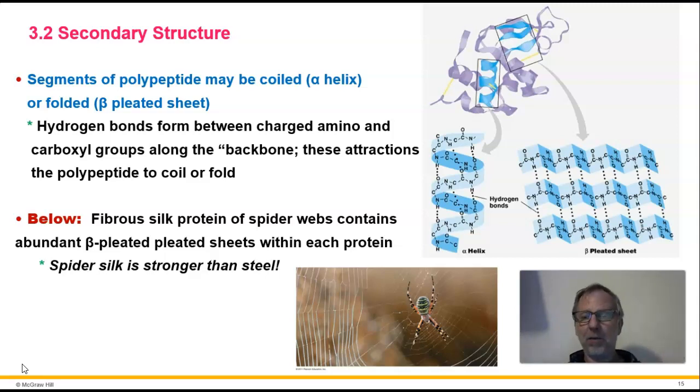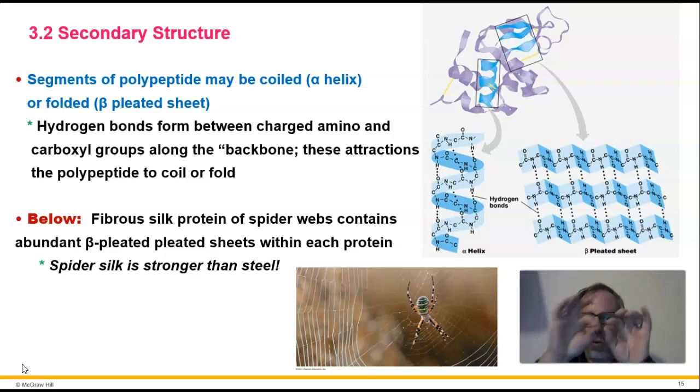What's an example of a protein that has lots of folds in it and gives it a really strong structure? Spider silk. I put a photograph of a spider on its spider web. Spider webs are made of spider silk that spiders produce using the DNA in their cells that has the genetic code or information for making the protein for silk. Believe it or not, spider silk is stronger than steel. Pretty remarkable.